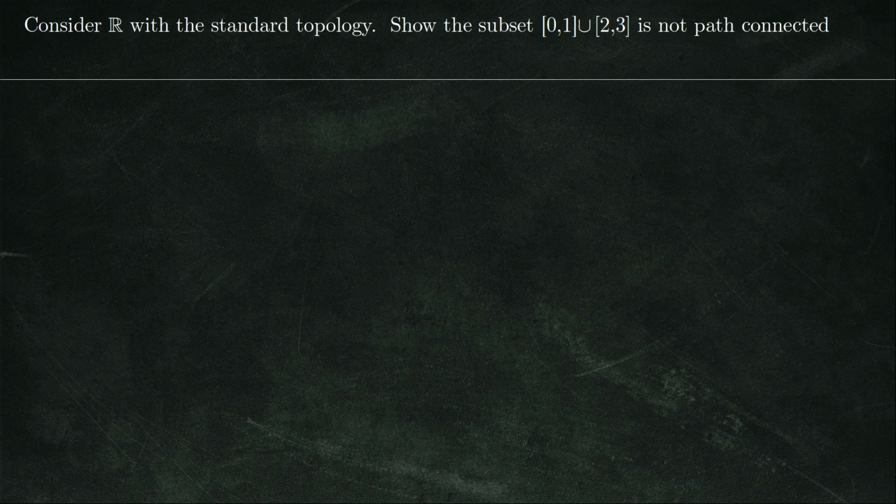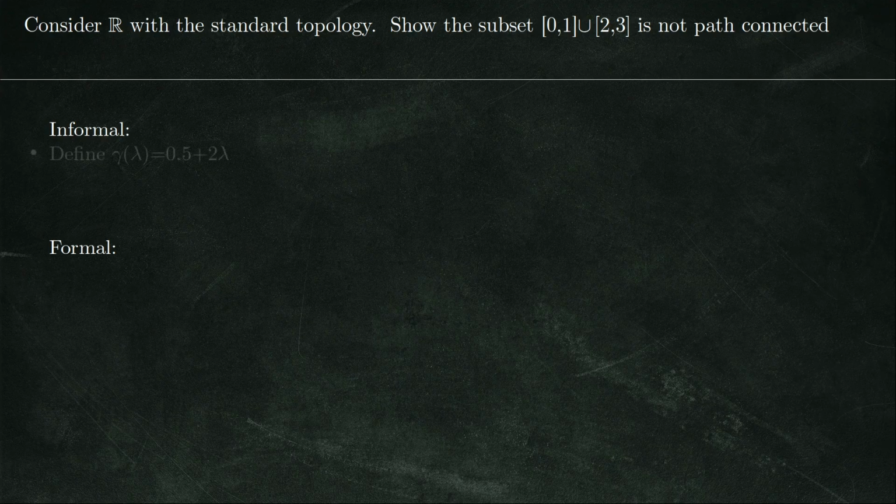Okay, for our next example, show that the subset [0, 1] union [2, 3] is not path connected. This is actually maybe a little bit trickier than it first appears. So I'm going to give you an informal proof and a formal proof, depending on whether or not you've seen real analysis. The informal one captures all the ideas, but the formal one really proves it rigorously.